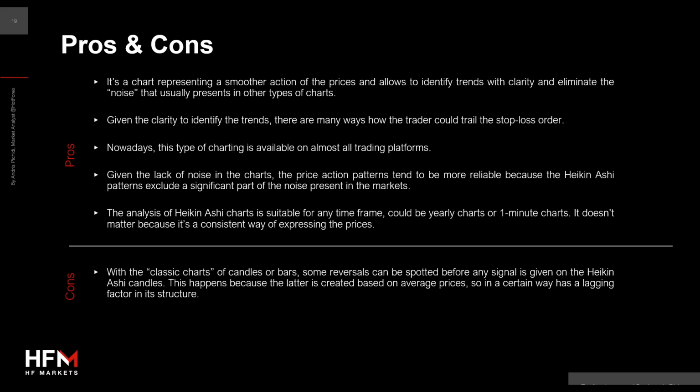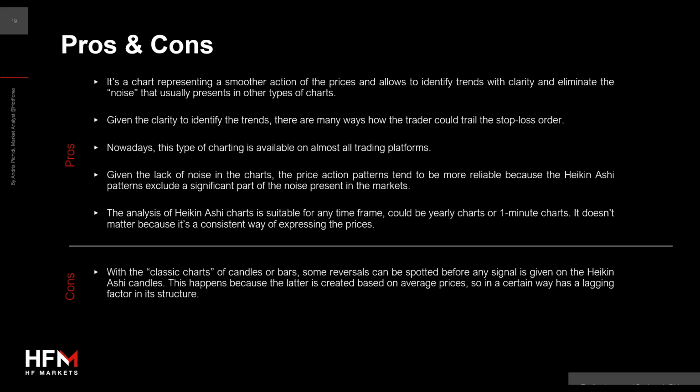Now, there is obviously one limitation, okay? The limitation. So basically, because it's exactly the average value, remember the difference between the traditional and the Heikin Ashi. The difference is it's an average price.